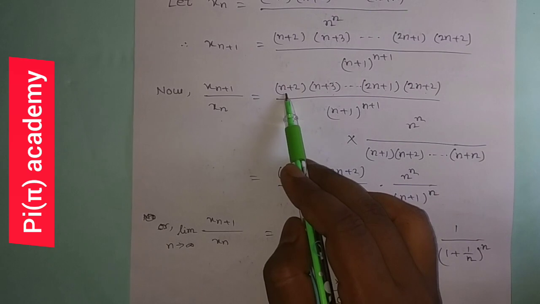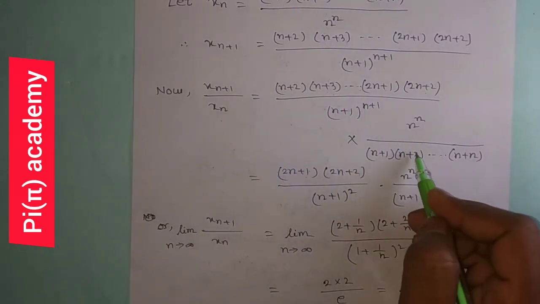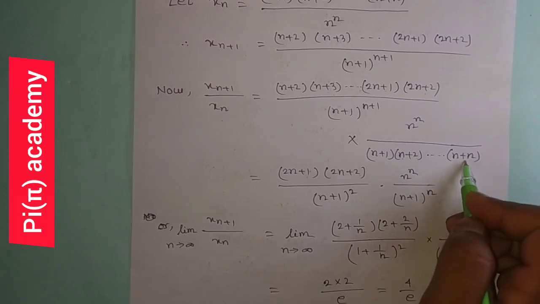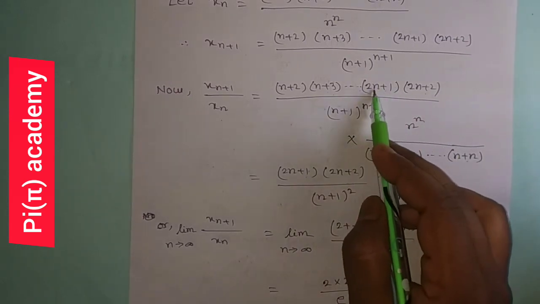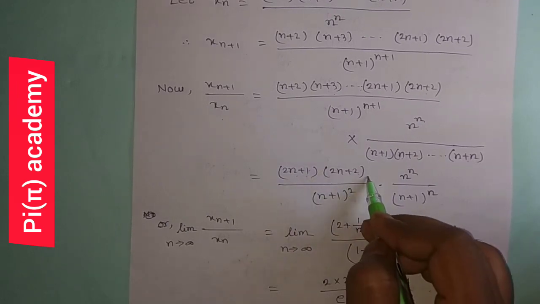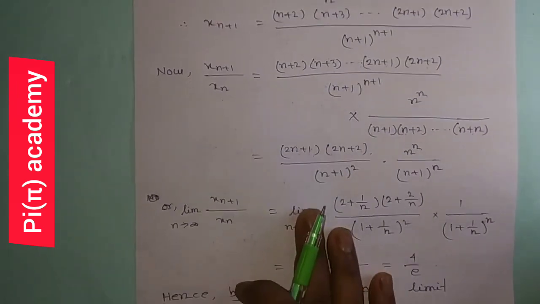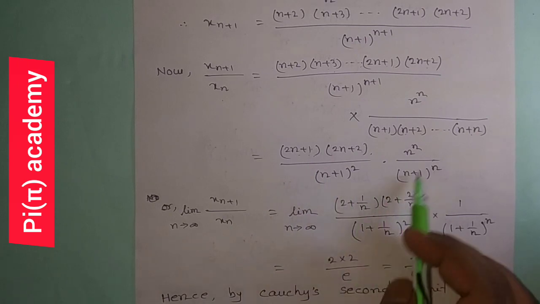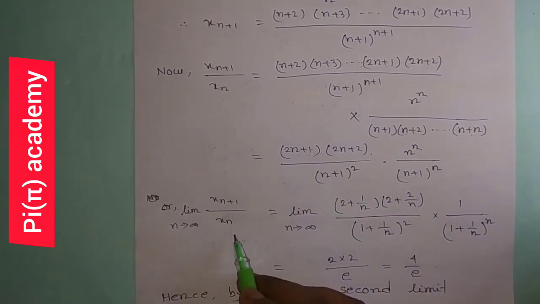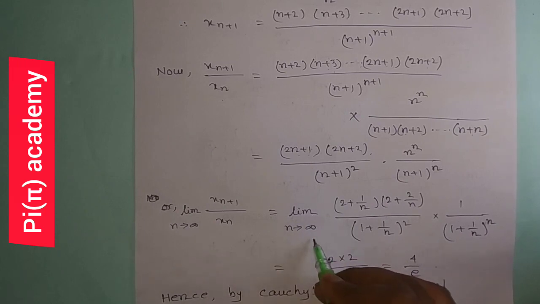From n plus 2 to 2n is cancelled. Here also n plus 2 to 2n. Therefore, the remaining part is 2n plus 1 and 2n plus 2, and we get this. Therefore, limit n tends to infinity x_(n+1) divided by x_n equals limit n tends to infinity of this.